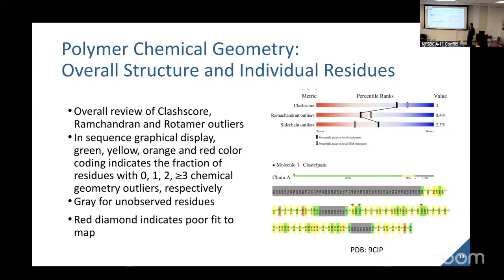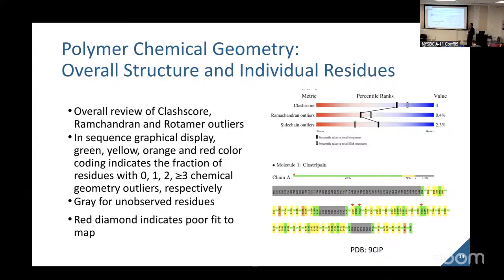And also there's this residue-specific plot for general users where it highlights the quality by colors. Green means good, yellow means some problem, and orange means more problems.